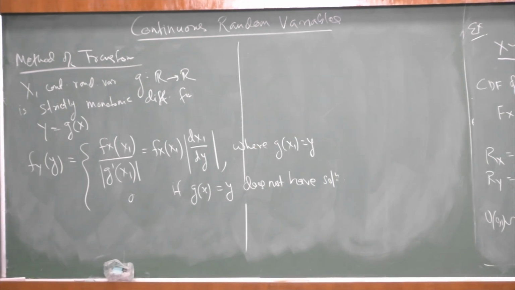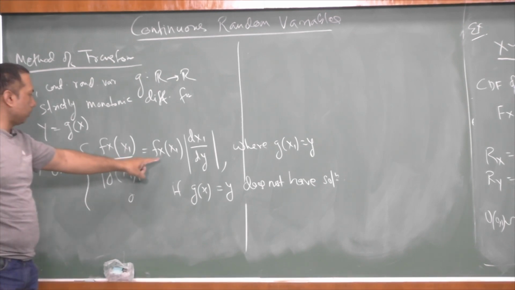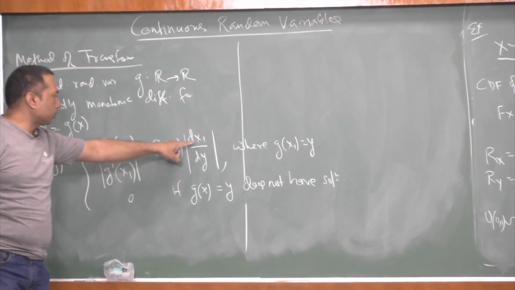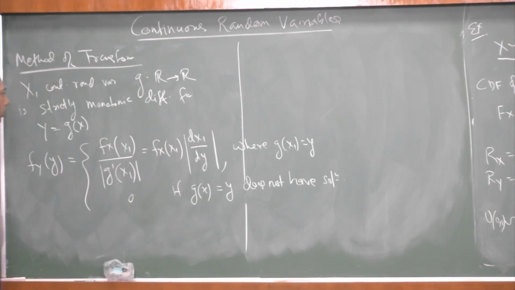So basically you are supposed to solve the equation g(x) = y, find the solutions for that, and once you find that, you plug into the PDF of X, because the PDF of X is known, and furthermore you are supposed to compute dx1/dy, or in other words dy/dx1, and take 1 over that. Okay. So let us see an example of that.